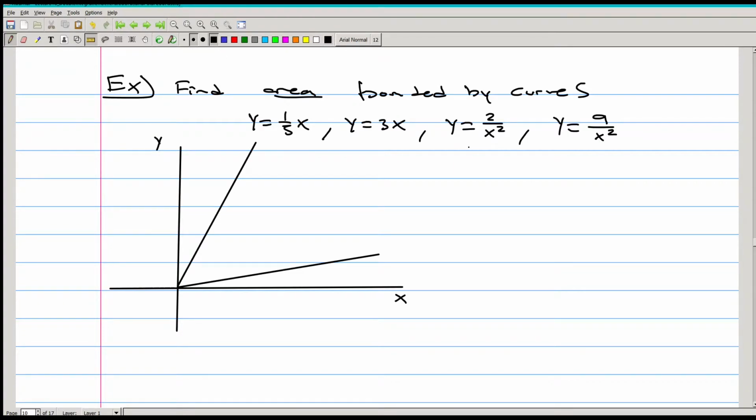And the curves y equals 2 over x squared and y equals 9 over x squared are going to be curves that look like this, with an asymptote at x equals 0 and an asymptote at y equals 0. Same thing for the curve y equals 9 over x squared, which is going to be shifted up a little bit.